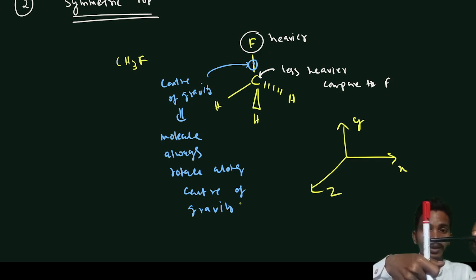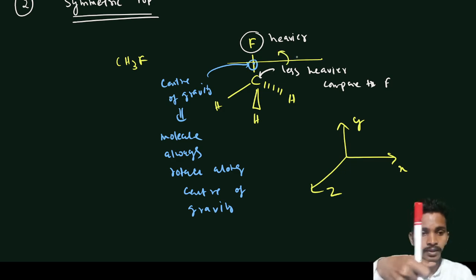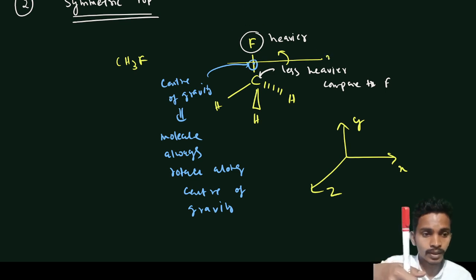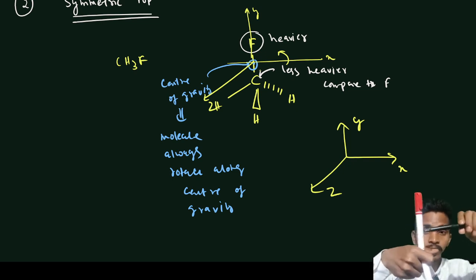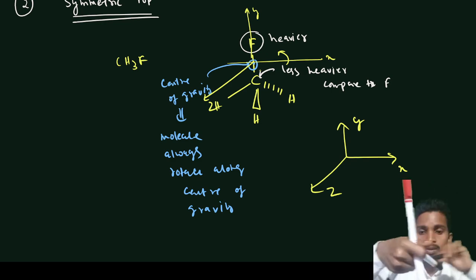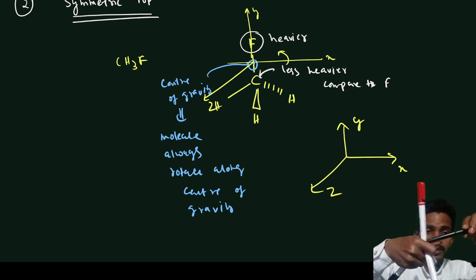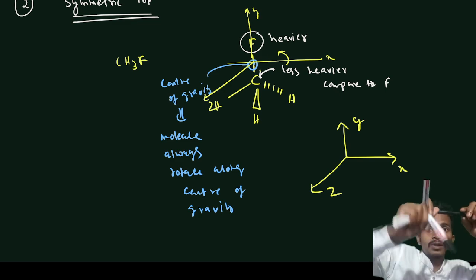If I rotate along the x-axis, the rotation will be about the center. So if I rotate like this, then these four atoms, and even this whole pipe, will rotate like this.